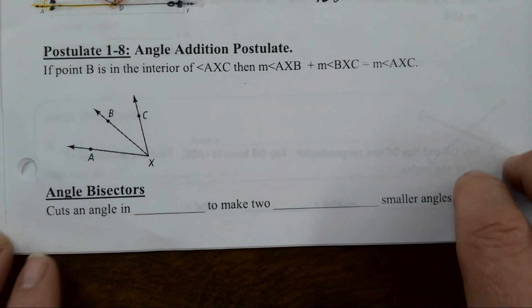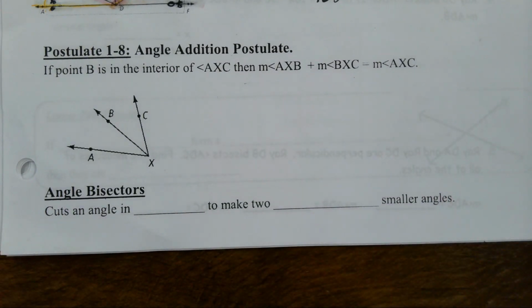Just like the segment addition postulate, the sum of the parts equals the whole. So that means that if I have this point B that falls in the inside of this angle AXC, where X is the vertex, then this little m stands for the measure. The measure of angle AXB plus the measure of angle BXC equals the measure of angle AXC.